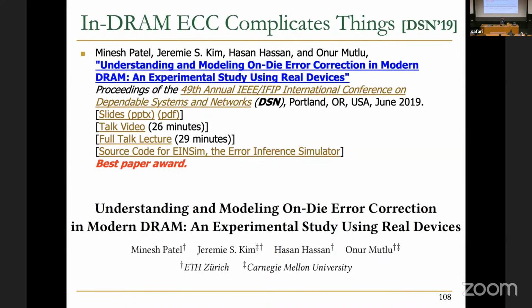So the next set of papers actually tackles this problem from a different aspect. As we move to newer generations of DRAM chips, we started seeing that DRAM chips already internally implement some error correcting capabilities. And this actually obfuscates the bit errors as they happen at the circuit level, and it makes our lives a bit harder for profiling these.